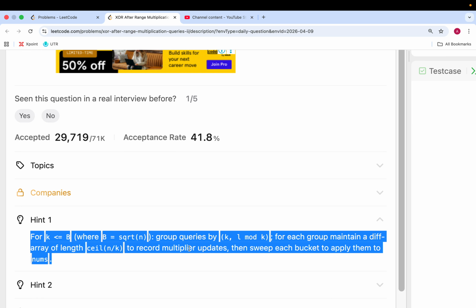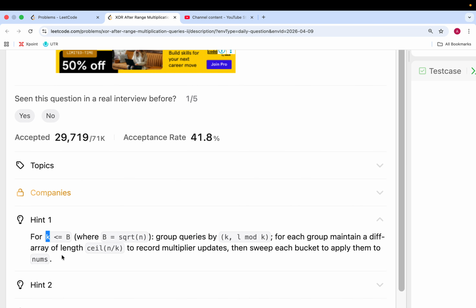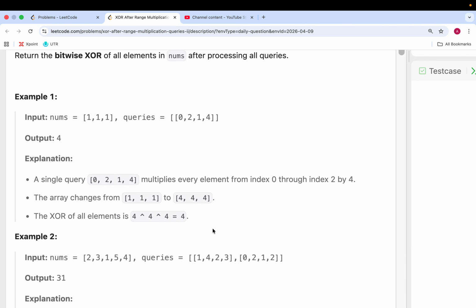So for k less than or equal to the square root of n, k is referring to increment values, right? Or maybe k is not the same k. And maybe L is referring to the left values of the queries. Group query. No, but it must be the k. Why would they use k if it's not the same k?